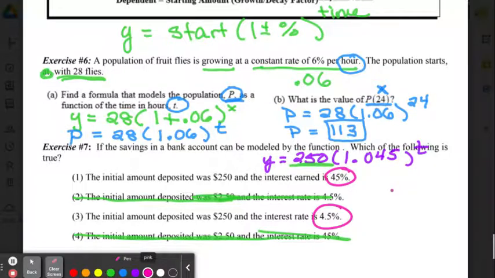If we have a decimal, 0.045, and we want to turn that back into a percent, you take your decimal and move it the opposite way. So it's 4.5. So our answer is 3.